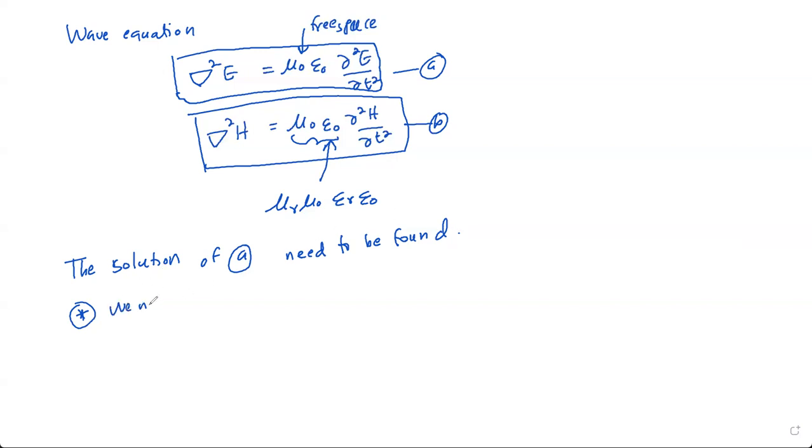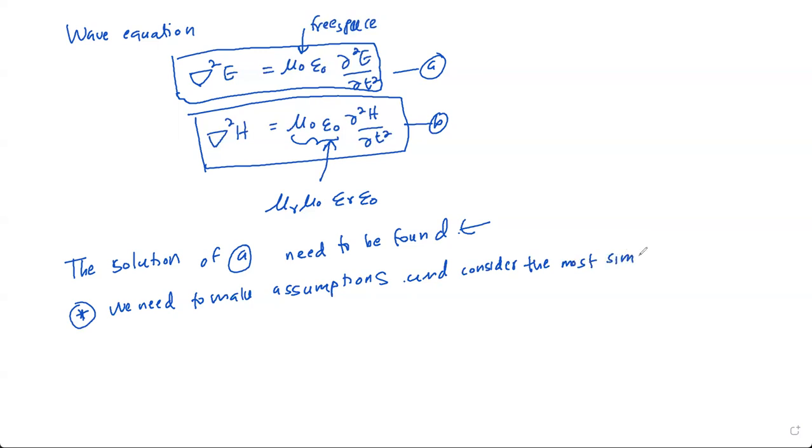We need to make some assumptions in order to find the answer, since we need to find the solution for equation A. So we make assumptions and consider the simplest type of wave.